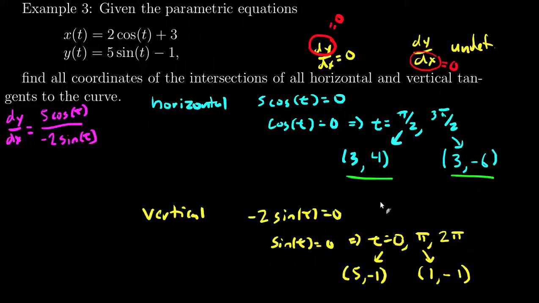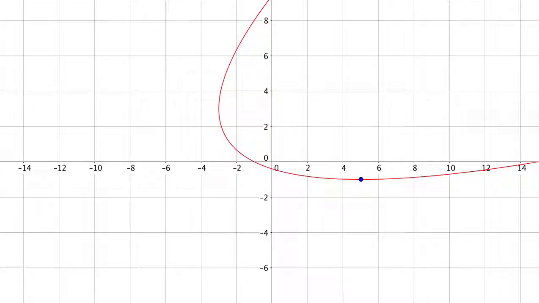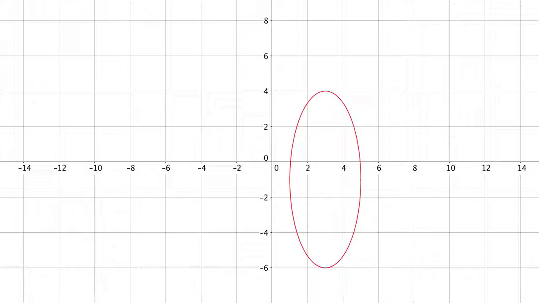These are where the horizontal tangents intersect. These are where the vertical tangents intersect. And let's take a look and see what's going on here. So I'm going to turn off these, turn on our new graph, and we can see, all right, I have a vertical tangent here, a horizontal tangent here, vertical tangent here, horizontal tangent there. Let me turn those on.